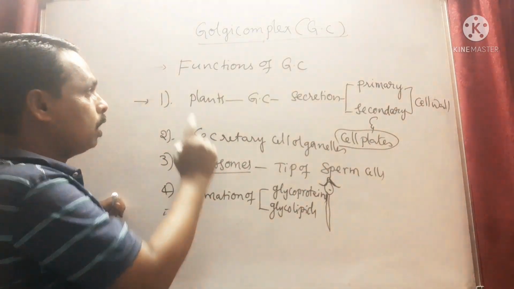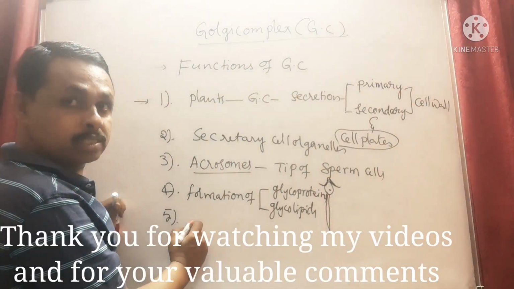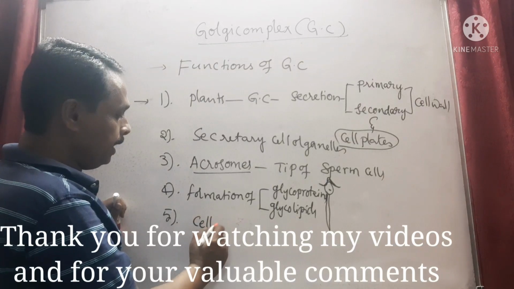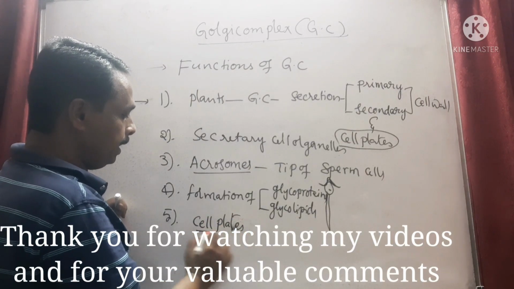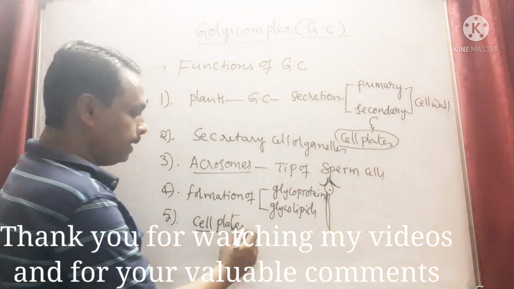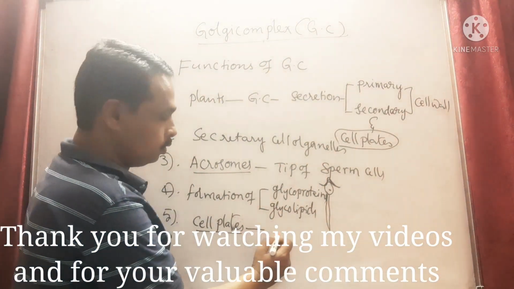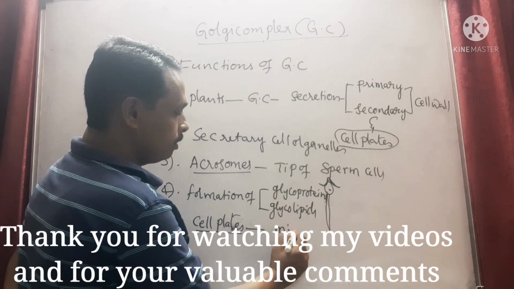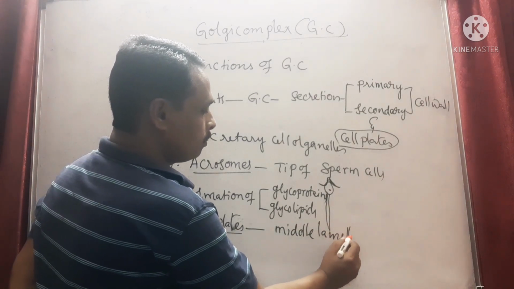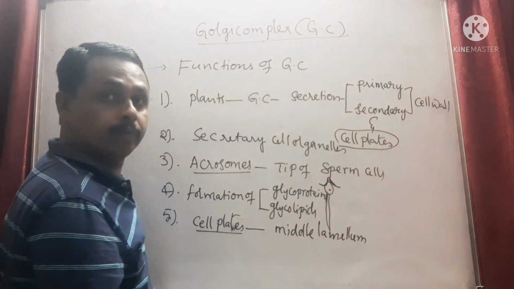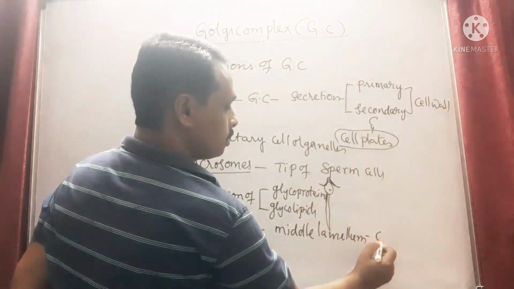Next, the Golgi complex is involved in the formation of cell plates. These cell plates are converted into the middle lamella during the formation of the cell wall in plant cells.